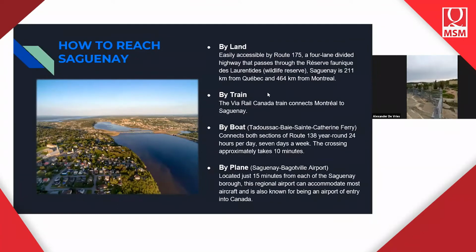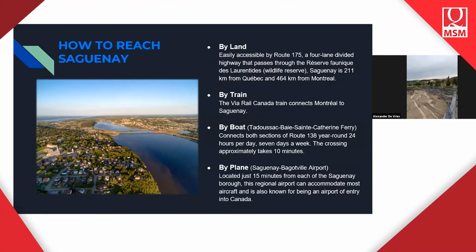There is a train service as well, which runs quite regularly from here to Montreal. That's another great way to travel between the two places. The train is beautiful as well. It goes through some really beautiful landscape between here and Montreal.